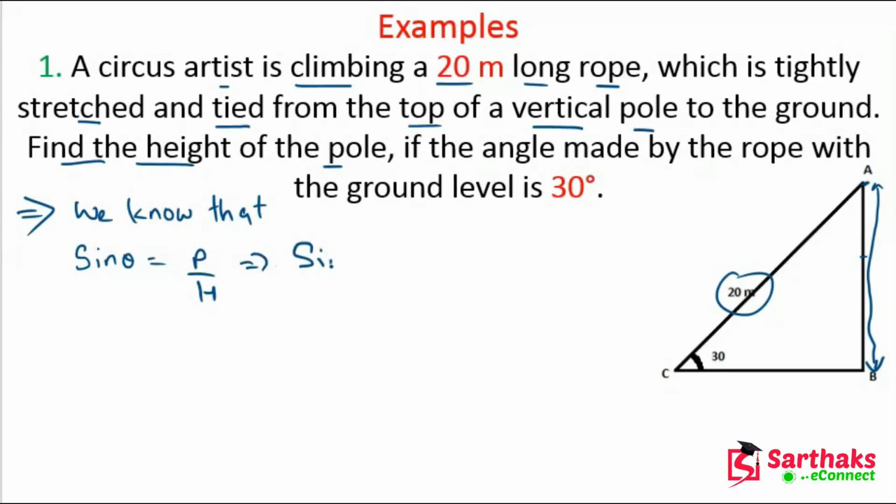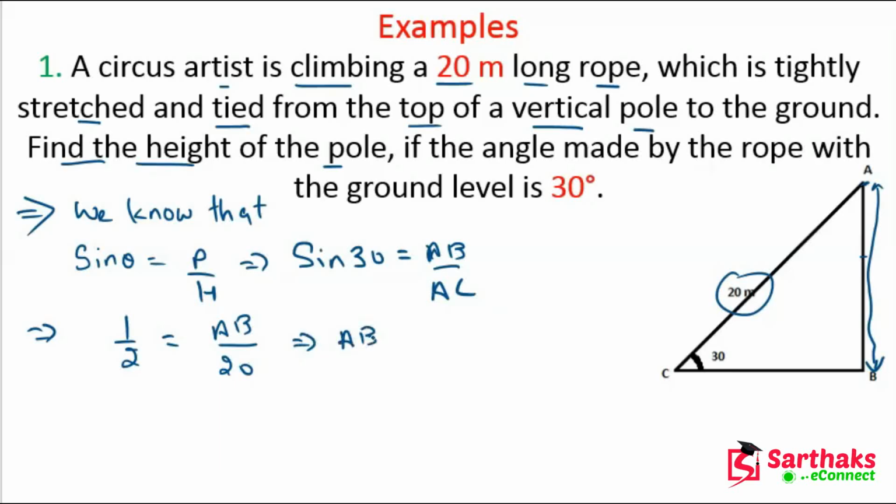So sine 30 is equal to AB upon AC. What is the value of sine 30? 1 upon 2. What is the value of AC? 20. So from this we get AB is equal to 20 upon 2, which is equal to 10 meters.